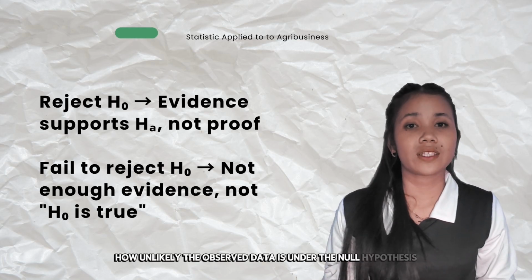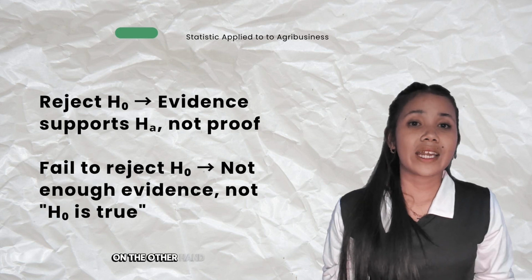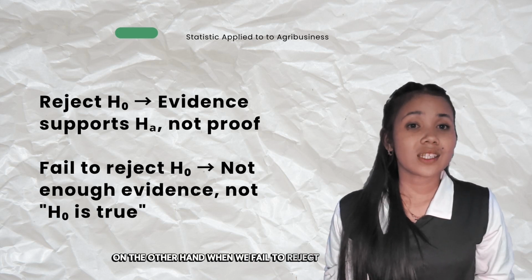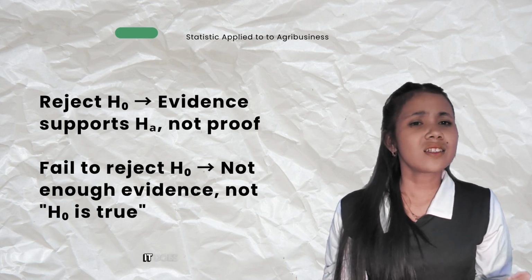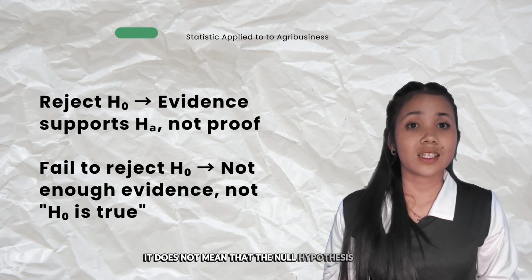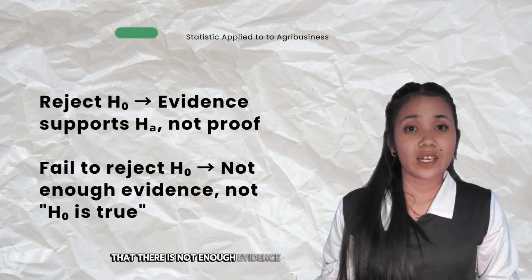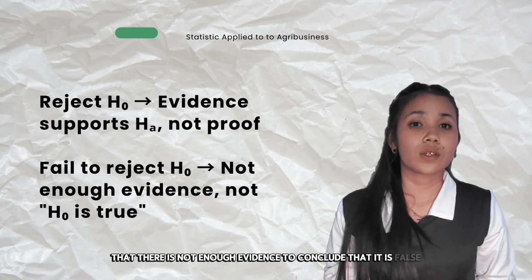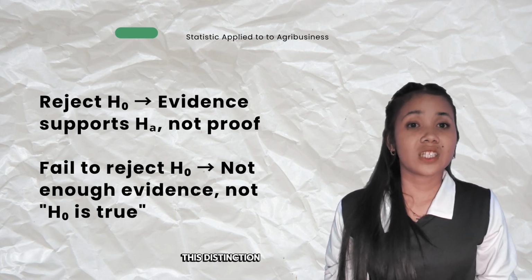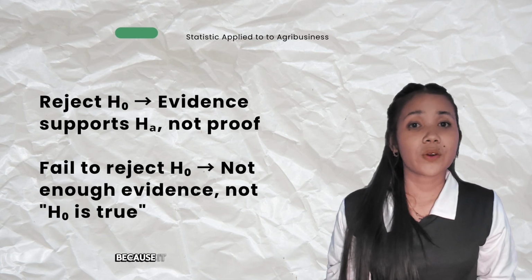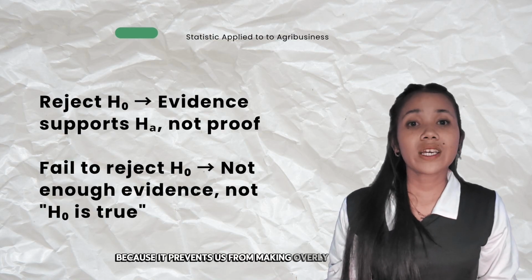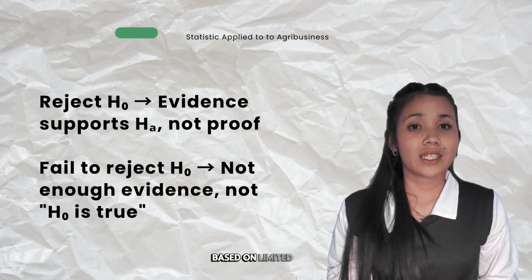This decision is made based on the significance level and the p-value, which indicate how unlikely the observed data is under the null hypothesis. On the other hand, when we fail to reject the null hypothesis, it does not mean that the null hypothesis is true. It means that there is not enough evidence to conclude that it is false. This distinction is very important because it prevents us from making overly confident claims based on limited data.